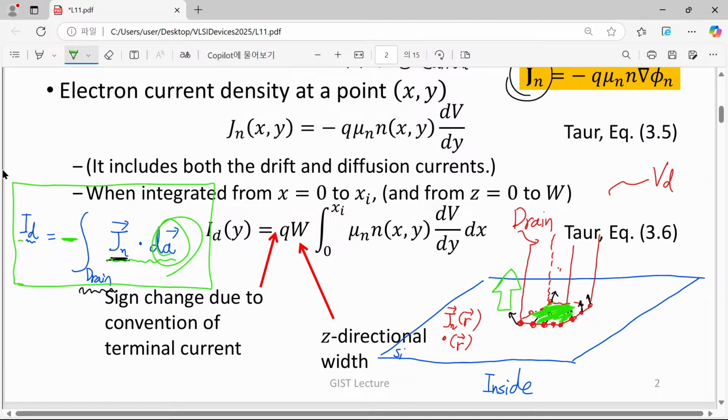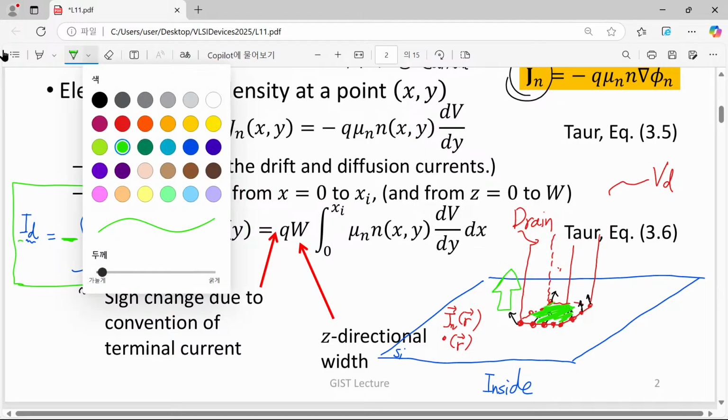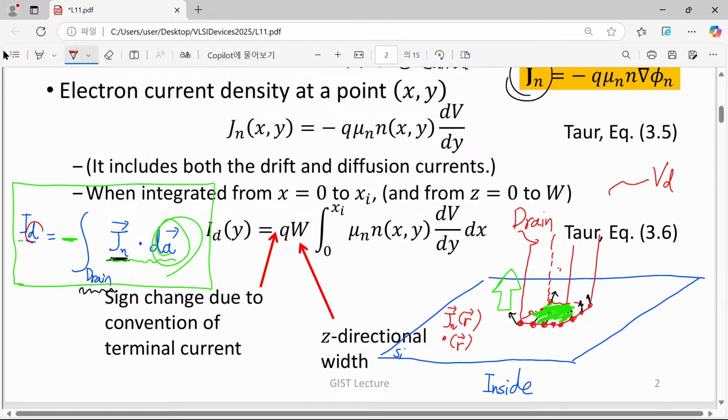You can try to do it for every other terminal. For example, if I want to calculate a source current instead of a drain current, then instead of the subscript D, you just introduce a subscript S, and the integration is not done on the drain contact, but you have to perform this surface integration over the source contact.